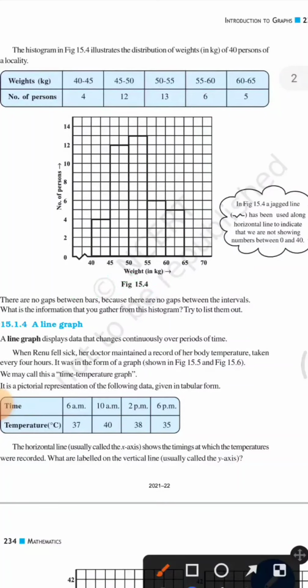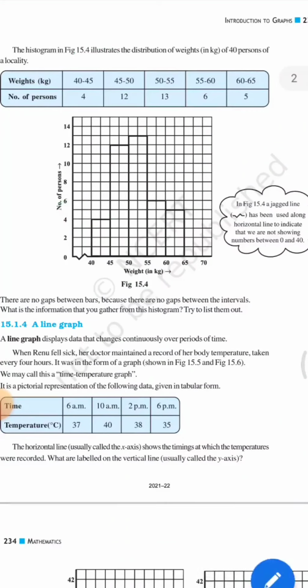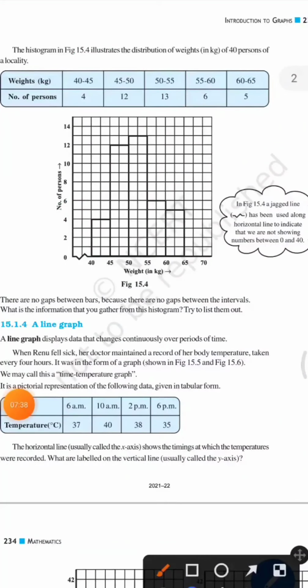Only that much difference is there. For weight 40 to 45, the value is 4, so the bar height goes till 4. For 45 to 50 there is 12, and for 50 to 55 it's 13, and similarly for the rest. Okay, so that is the histogram.